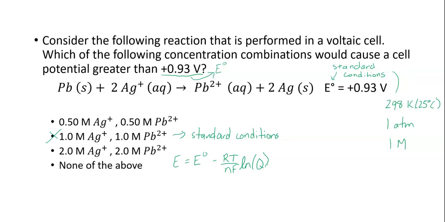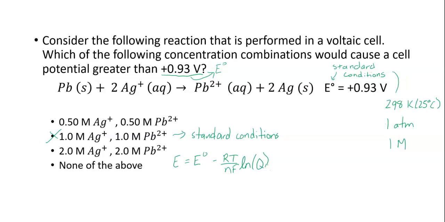Now, RT and NF are always positive numbers. R and F are constants. T is temperature, since that's in Kelvin, it's always positive, and then N is the number of moles of electrons that are transferred in the reaction, which is again always a positive number.